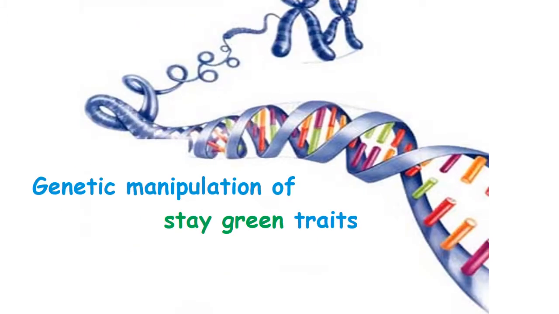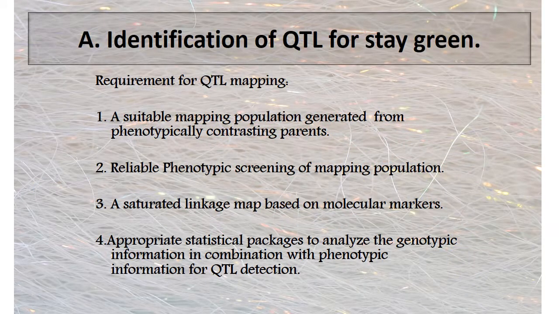Coming to genetic manipulation of stay-green traits. First one is identification of QTLs for stay-green. Requirements for QTL mapping are a suitable mapping population, reliable genotyping, phenotyping, linkage map construction, then statistical tools for that, and confirmation of the QTLs responsible for stay-green traits.